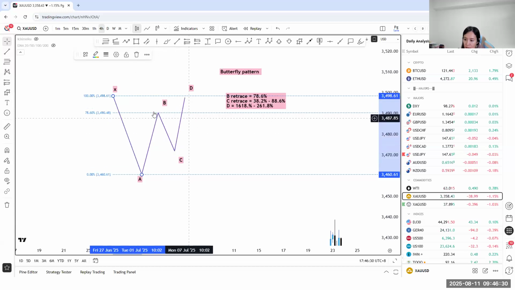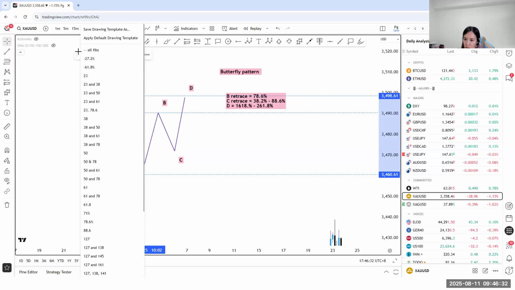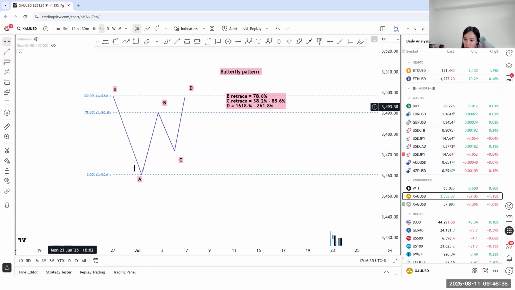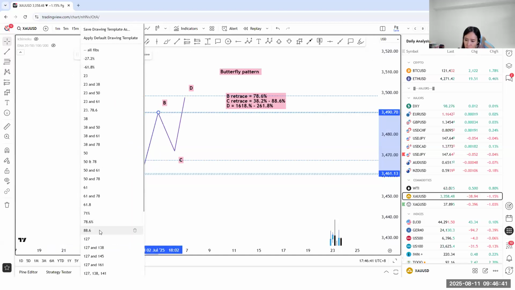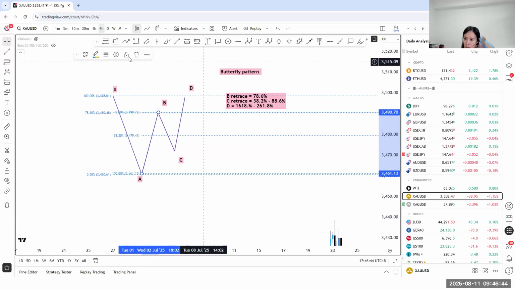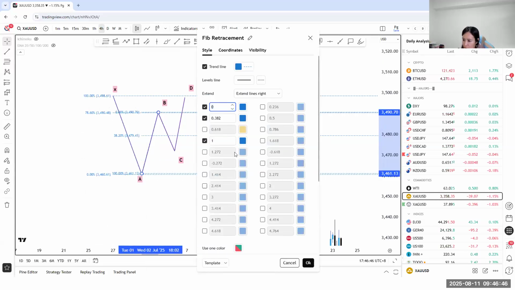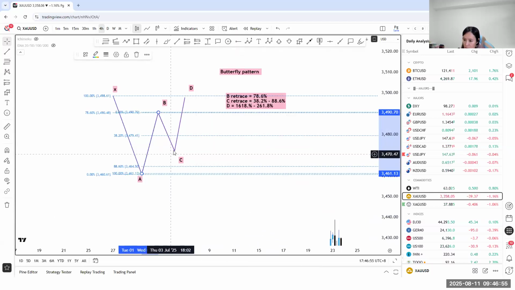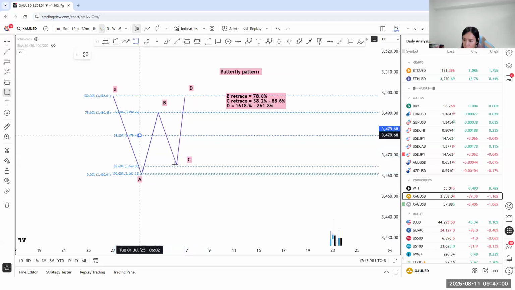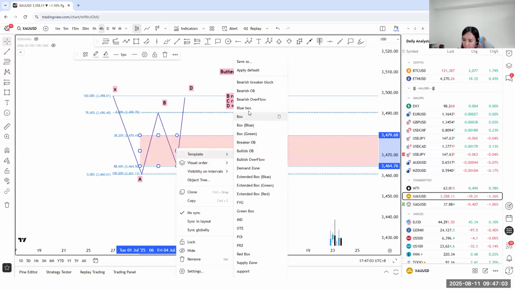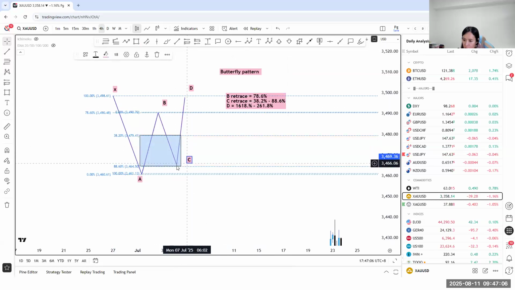And C retraces anywhere from A to B between 38.2 to 88.6%, somewhere around here. Meaning anywhere in this blue box here.